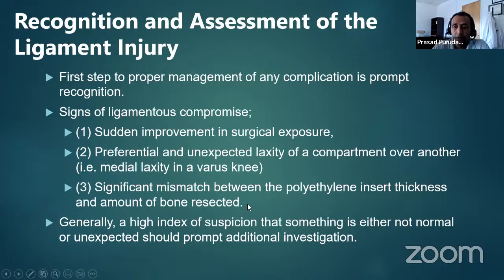If we did the usual bone resection and end up using a significantly thicker poly, like 14, 15, 16, we should be suspicious. Generally, a high index of suspicion that something is not normal or unexpected should prompt further investigation and evaluation of the knee joint.